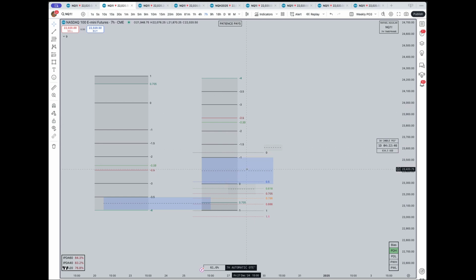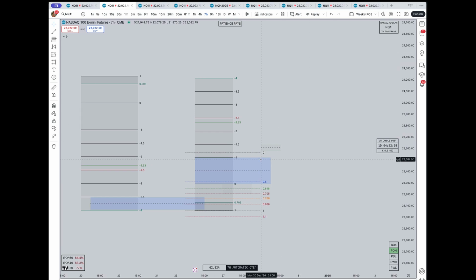When you see the silver bullet and the second stage of delivery, you see speed, and it usually happens in the last 20 minutes of the hour, or the last portion of the 4-hour expansion. If you trade intraday, it happens around the 38 and 41 minutes of the hour, and you have this speed up until the final targets.